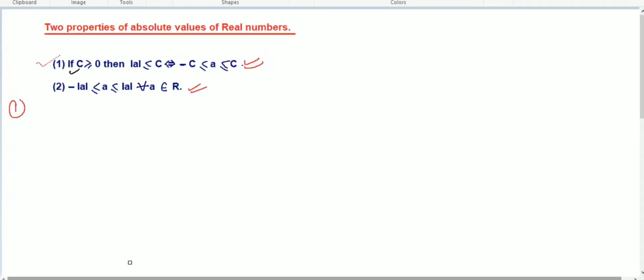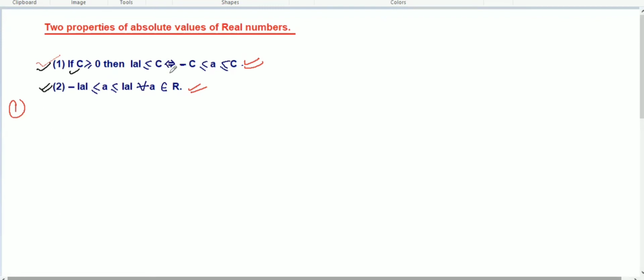Here are the two properties of absolute value of real numbers, which I explained on the first page. The first property says if c is greater than or equal to 0, then the absolute value of a is less than or equal to c. It implies that a is greater than or equal to minus c and less than or equal to c. So this is the first proof. Let's prove this first, and then I will prove the second one.